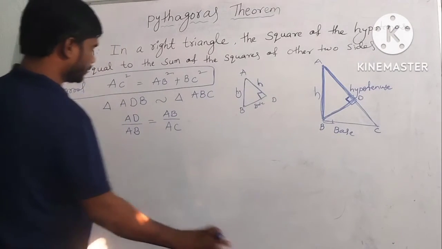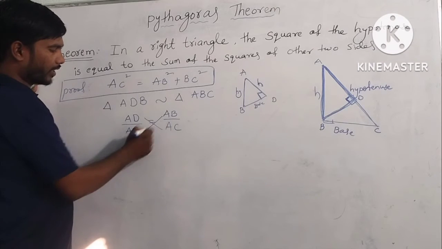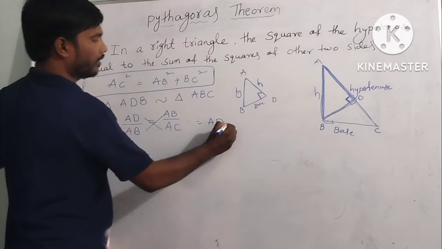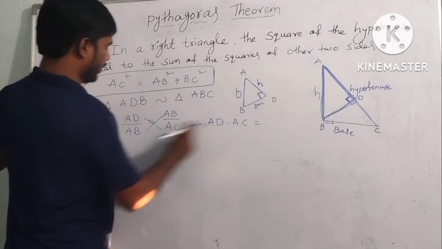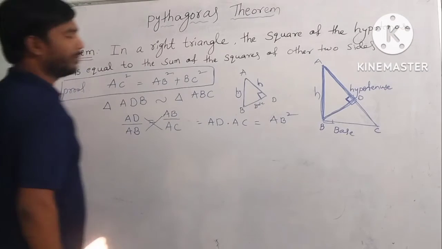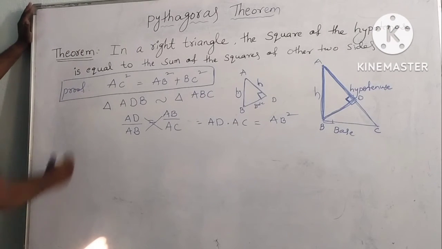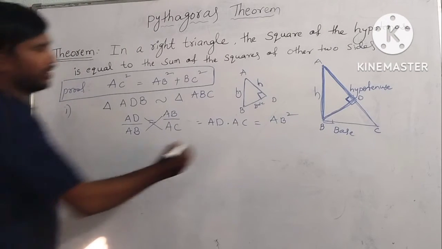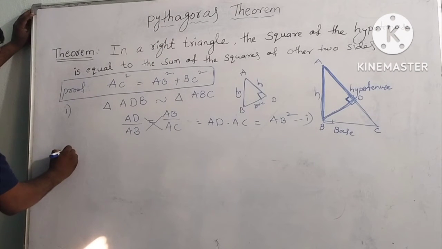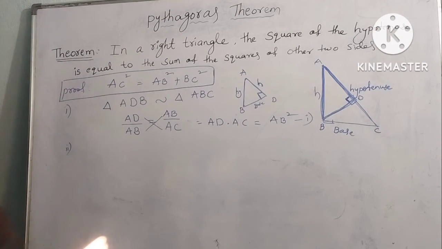Now cross multiplication: AD into AC equals AB into AB, AB square. This is the first equation.